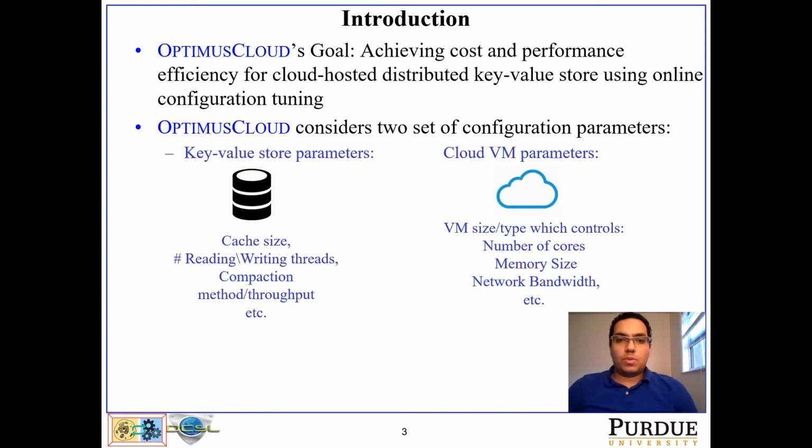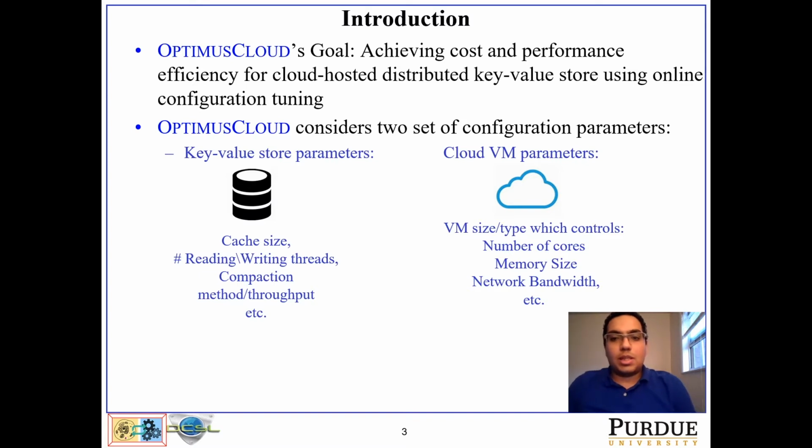Now, Optimus Cloud's goal is to achieve cost and performance efficiency for cloud-hosted key-value clusters. The way Optimus Cloud achieves this goal is through online configuration tuning under dynamic workloads. The configuration parameters that Optimus Cloud considers come from two sets of parameters.